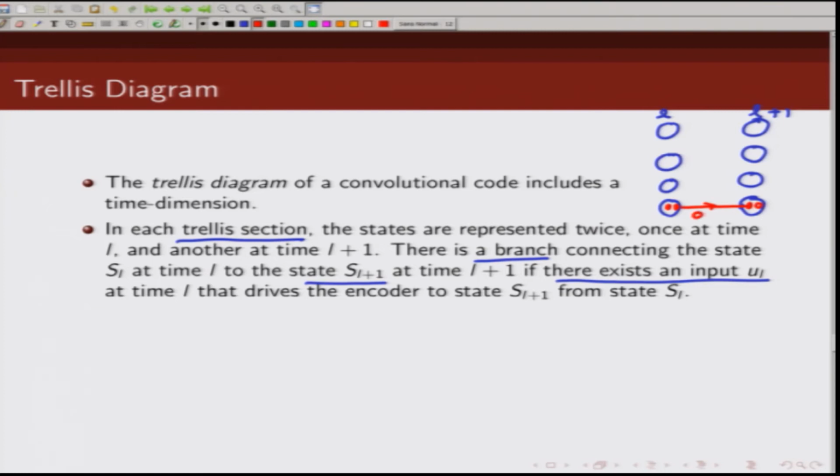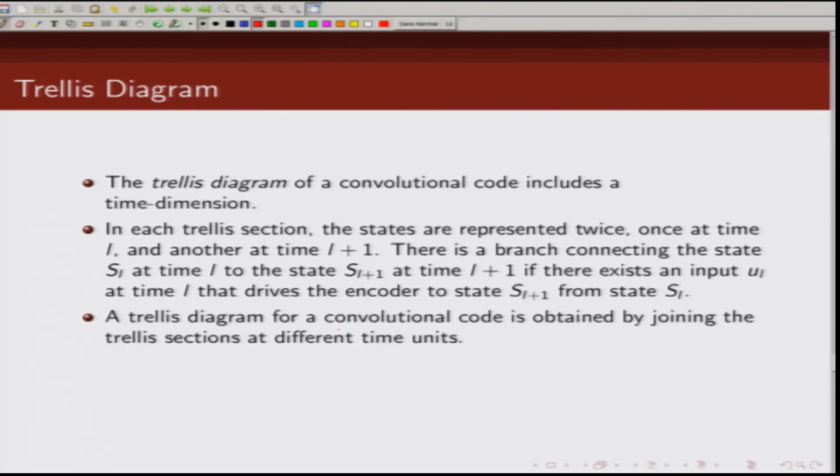That input is 0, and what is the output corresponding to that? It is 0 0. So, I will label all those transitions which are happening from a state at time L to any state at time L plus 1, provided there is a valid transition. Okay.